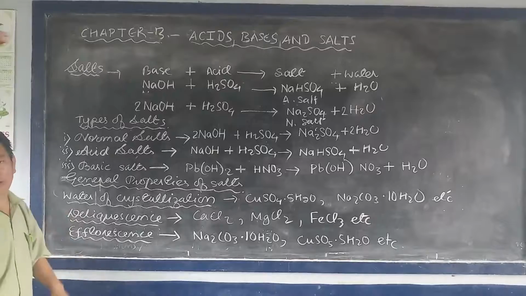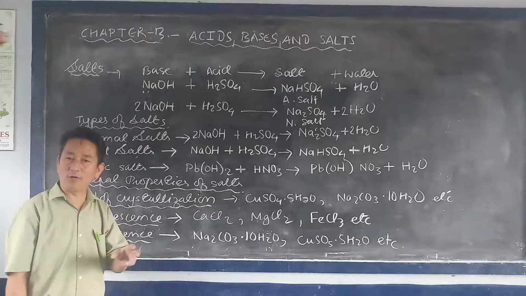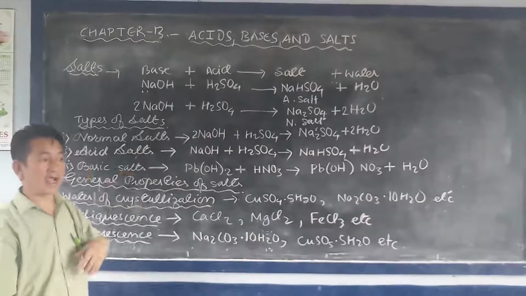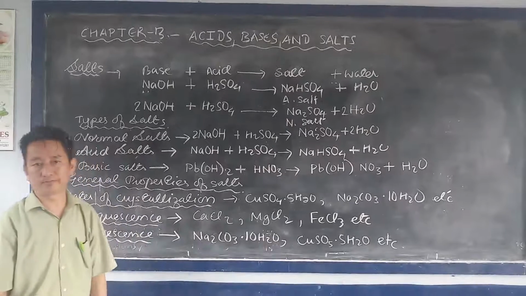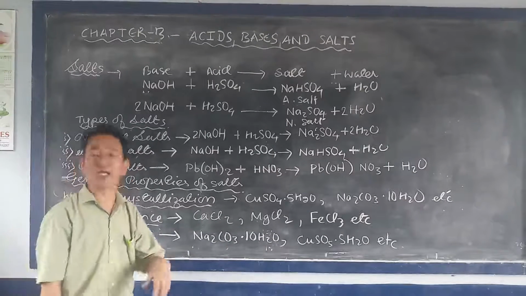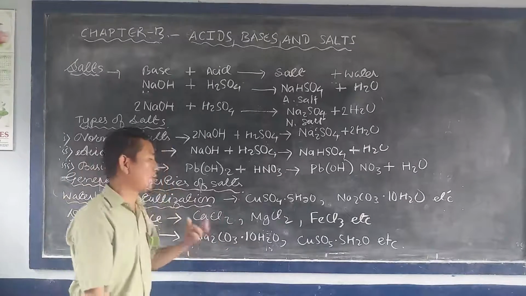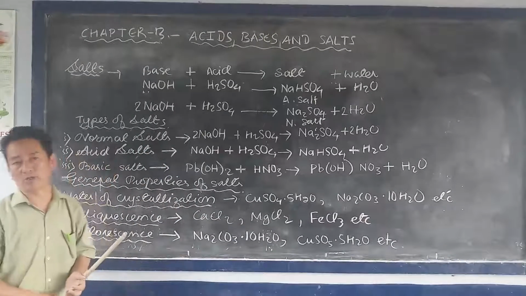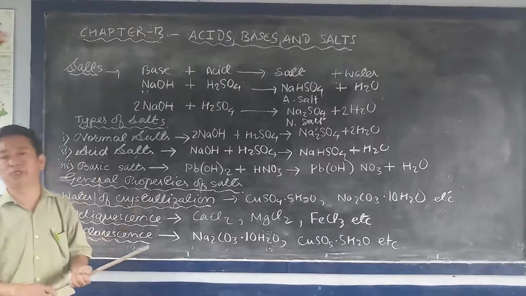Now lastly, efflorescence. Efflorescence is the property of substances when they are exposed to air. They partially or completely lose their water of crystallization and crumble into powder, or change into powdery form.